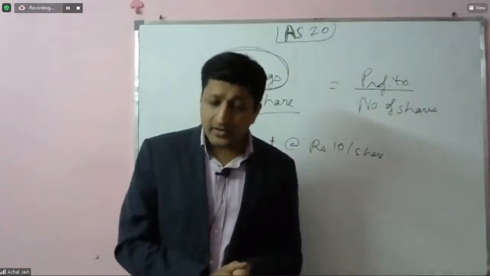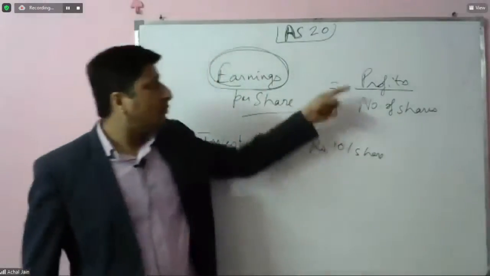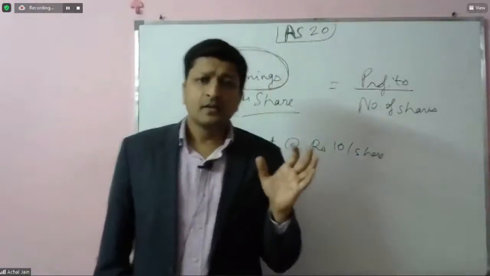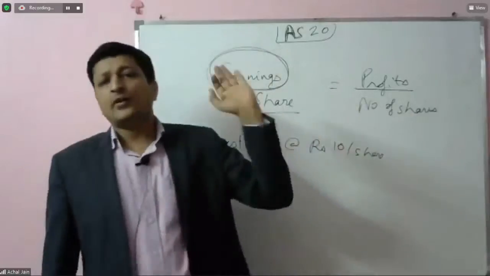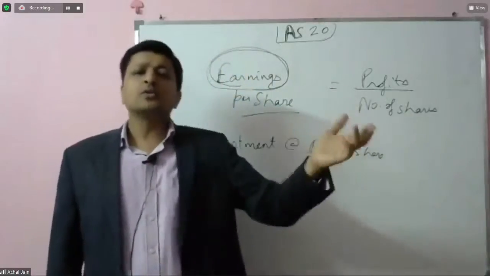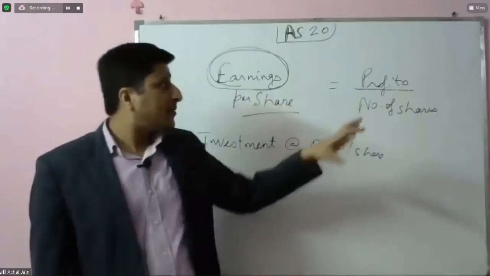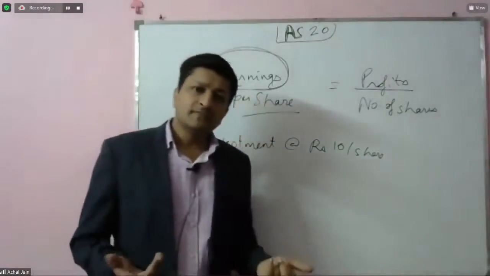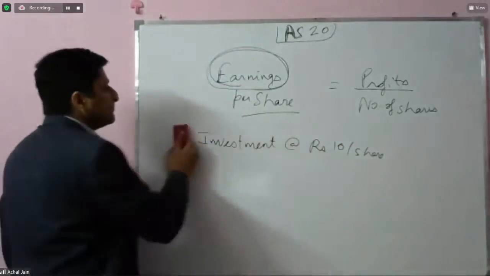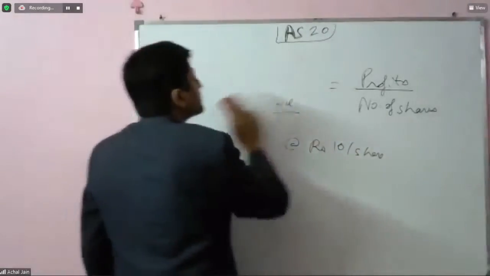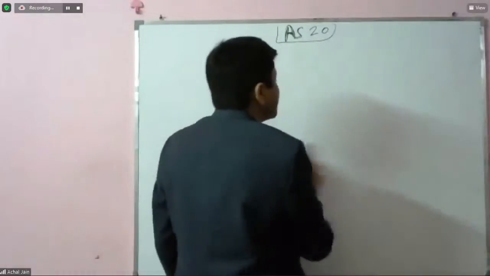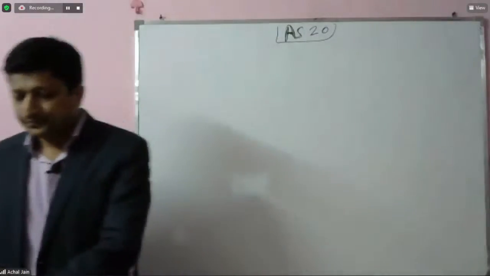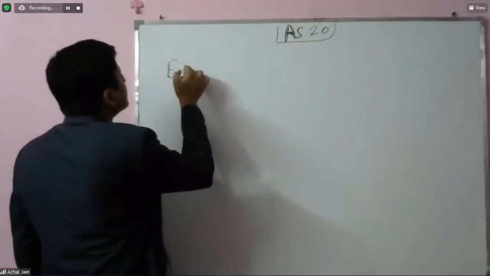So let's try to get into the details of this numerator and denominator, because all in all, in this standard, it's a play of numerator and denominator. So throughout the course of this standard, you will see that we will be talking about these two elements only and nothing beyond this. Yeah? Okay. So earning per share, which is also called EPS, how do we compute it?